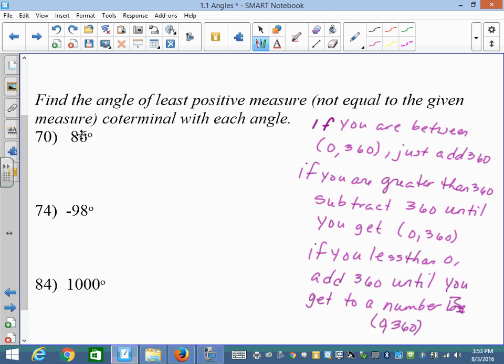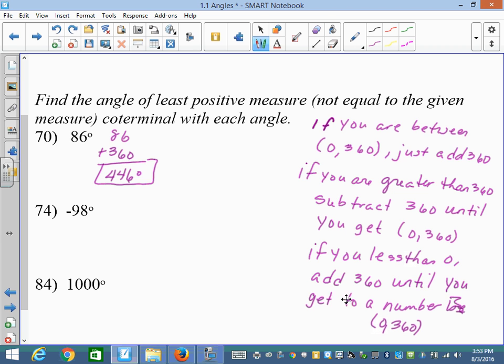Okay, so this one here is the first one. If you're between 0 and 360, just add 360. So this is going to be 86 plus 360, which gives me 446 degrees. This next one is less than 0, so I want to add 360.